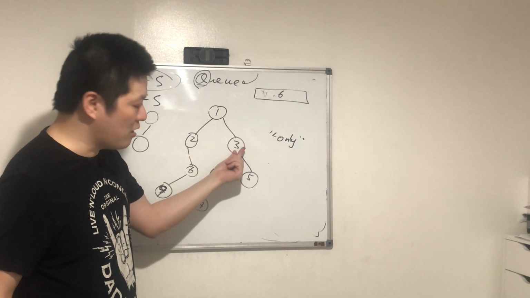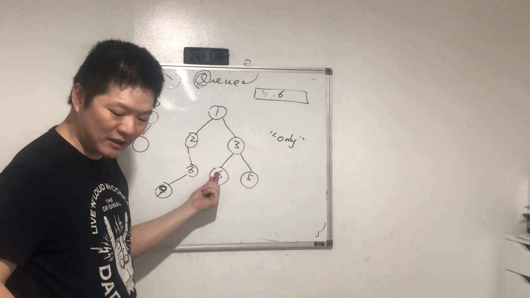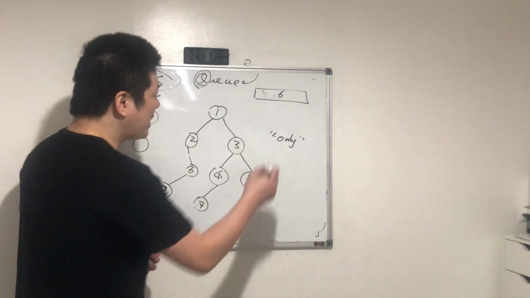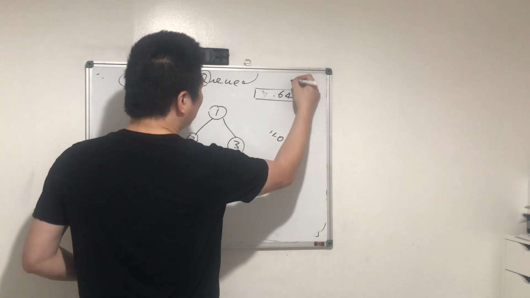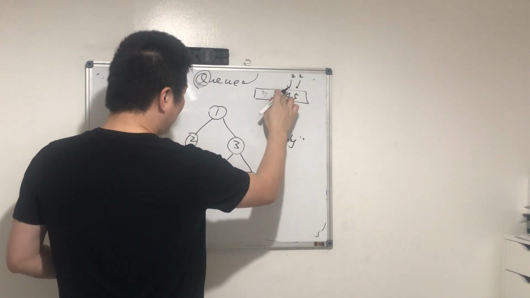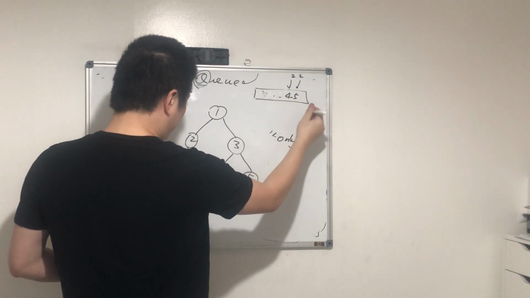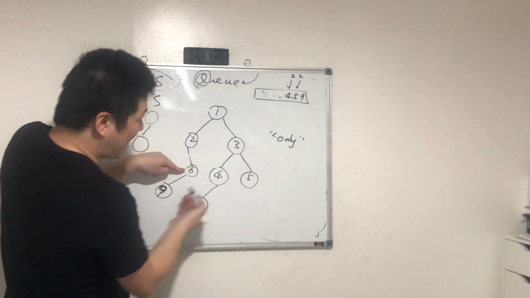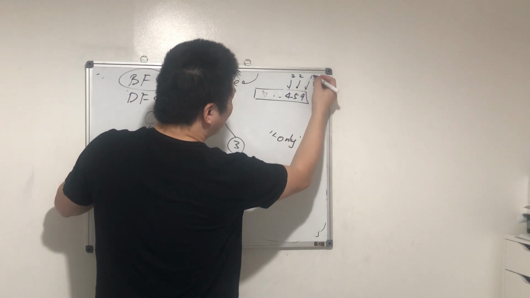At this point, I know how many kids 3 has. So when I push 4 and 5, I also record that their parent 3 has 2 kids. Then 6, I take it out, I push 9. But I know 6 has only 1 kid, so when I push 9, I also note it's 1.